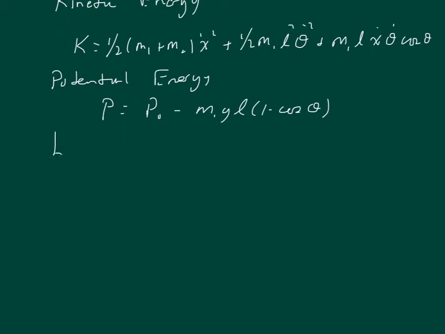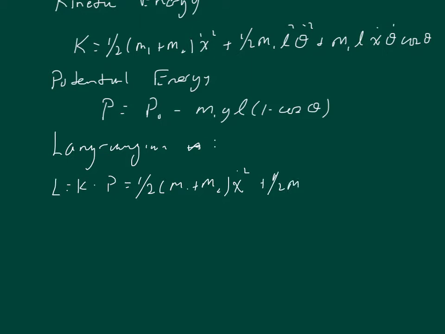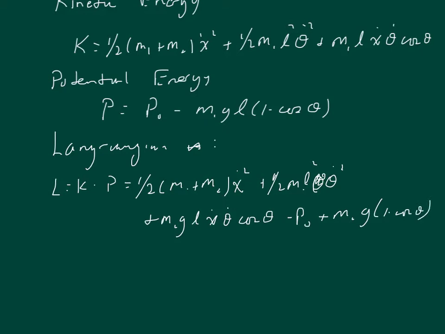Therefore, the Lagrangian is L is equal to K minus P, 1/2 (m1 plus m2) x dot squared plus 1/2 m1 L squared theta dot squared plus m1 L x dot theta dot cosine theta minus P0 plus m1 g L (1 minus cosine of theta).